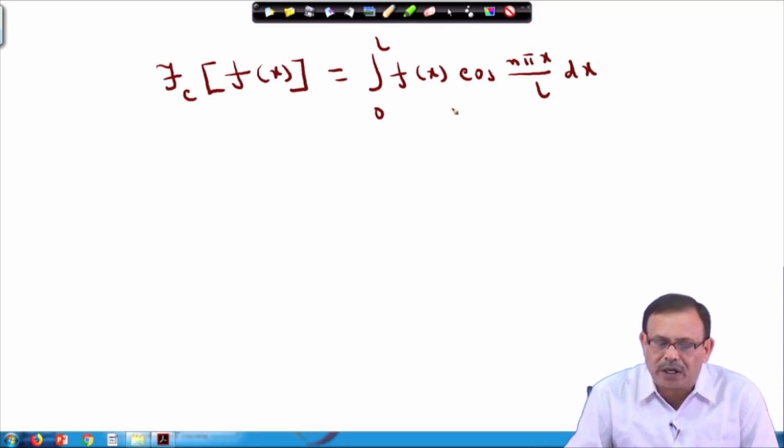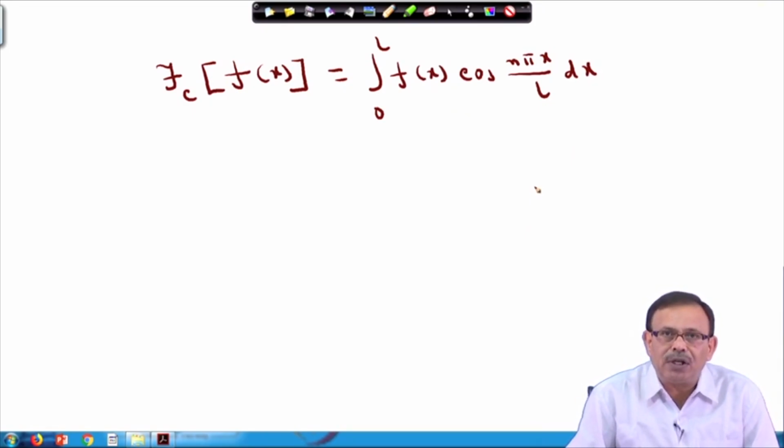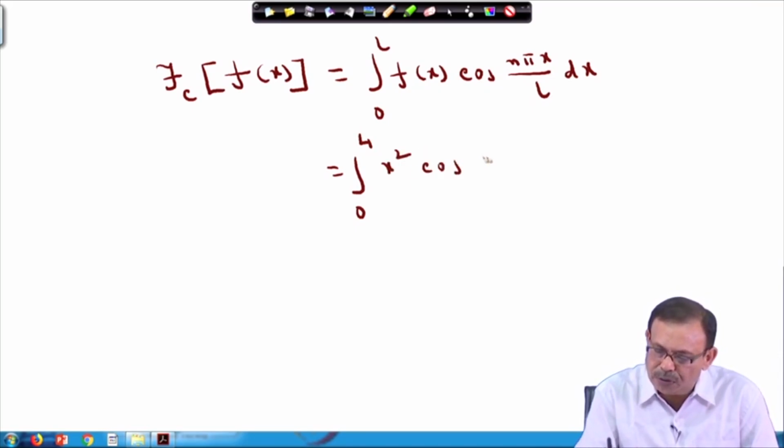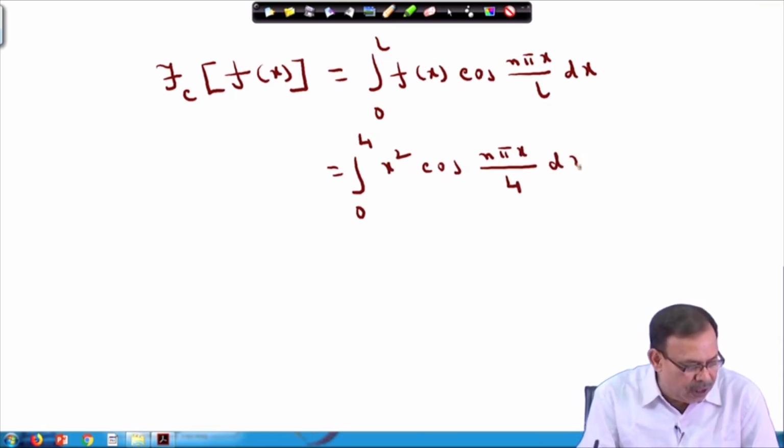In the case of the Fourier sine transform, it is the integral of f x sin n pi x by L dx, whereas for the Fourier cosine transform, it is f x into cos n pi x by L dx. Here L is 4, so it is the integral from 0 to 4 of x square into cos of n pi x by 4 into dx.